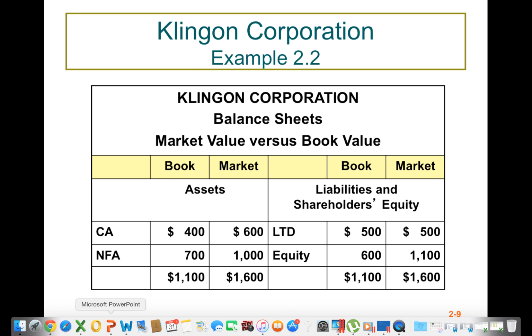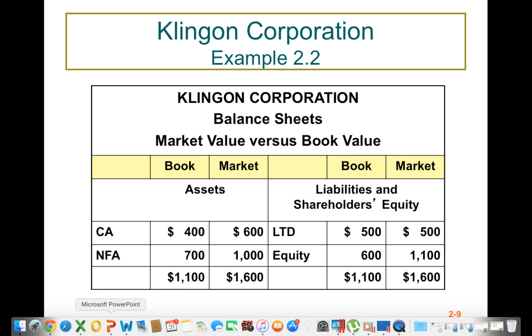You can see that your 500 and your 600 over on the book value are going to sum to 1100 in terms of your book value. In terms of your market value, you can see that the equity in this particular organization is higher, and therefore we sum to 1600. And that's an important distinction.